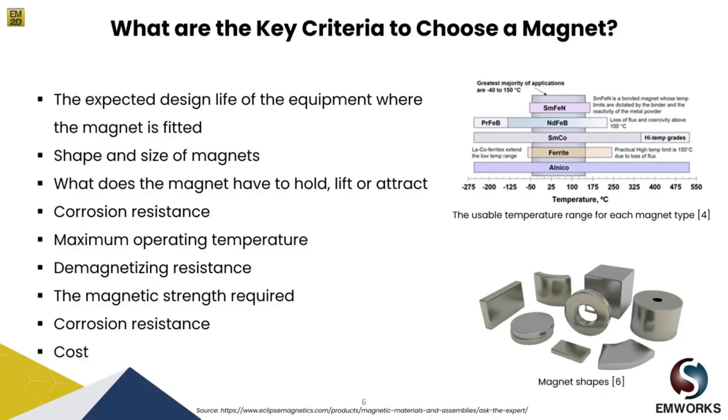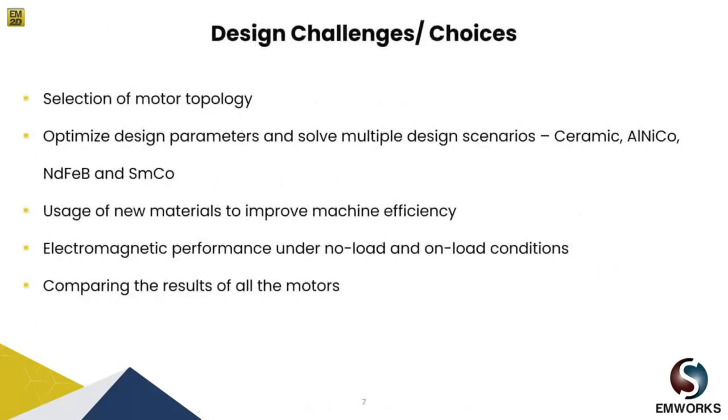Moving ahead, let's look at the design challenges for any electric motor design. Designing an electric machine is a challenging task as its electromagnetic, thermal and mechanical performance are coupled and need to be taken into consideration together at the same time. Based on the design constraints and other user demands, the motor designer has many choices and criteria to take care of.